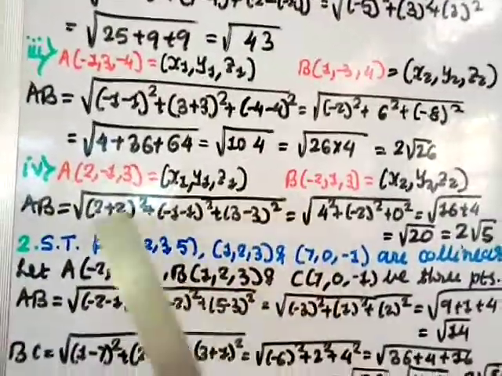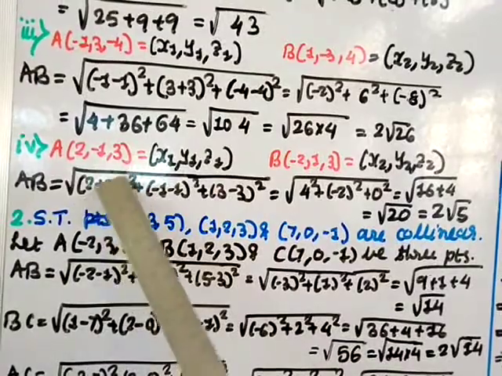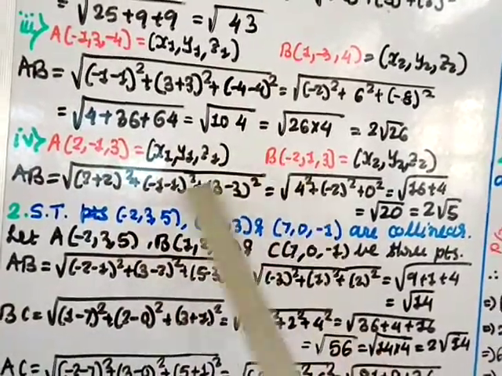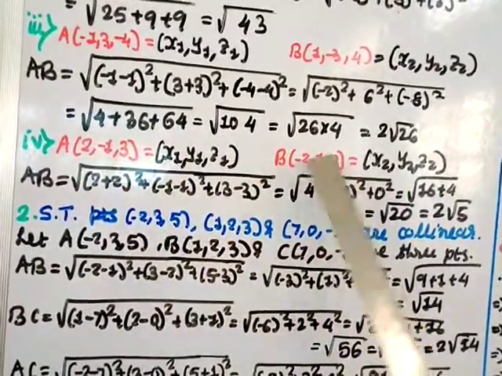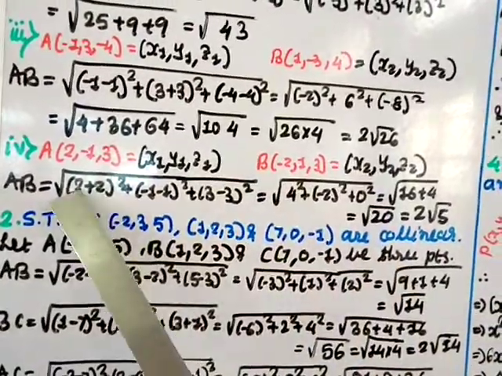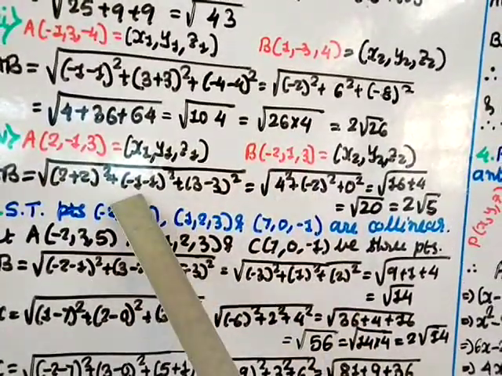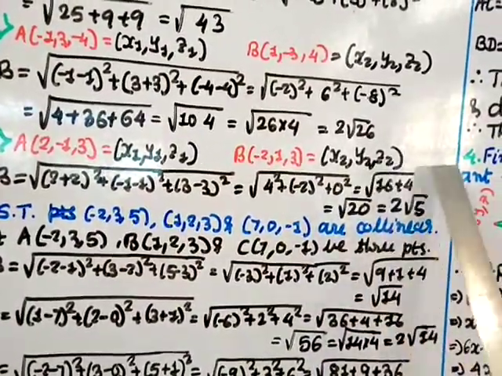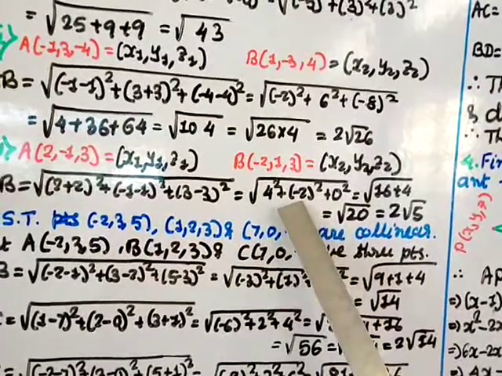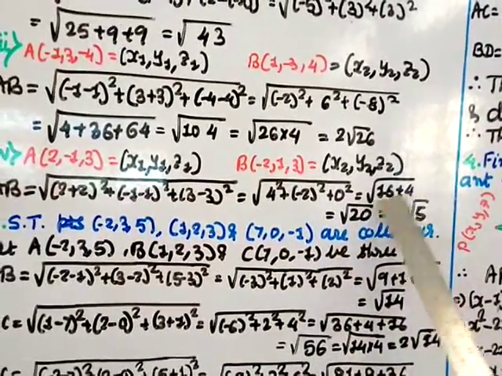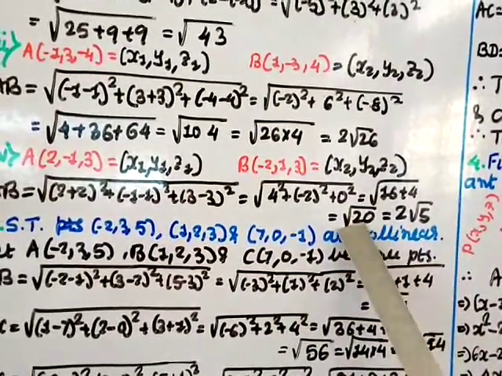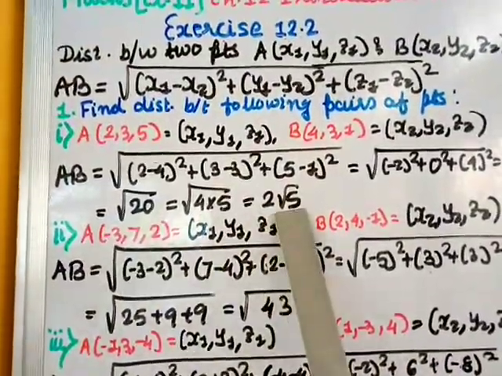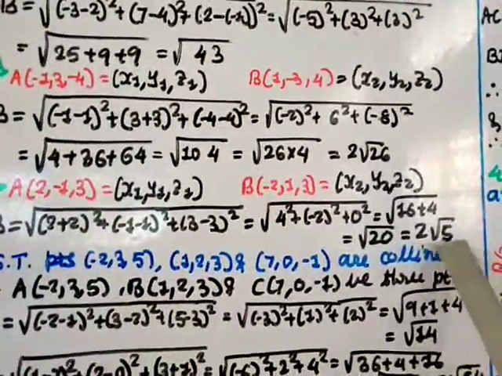This one AB equal to under the square root 2 plus 2 whole square plus minus 1 minus 1 whole square plus 3 minus 3 whole square, equal to under the square root 2 plus 2 is 4 square plus minus 1 minus 1 is minus 2 whole square plus 3 minus 3 is 0 square, equal to under the square root 4 square is 16, minus 2 square is plus 4, 16 plus 4 is 20. This is under the square root and this value we already did before. Root 20 is 2 root 5. So you can write this as 2 root 5.